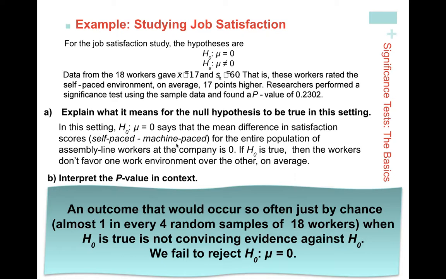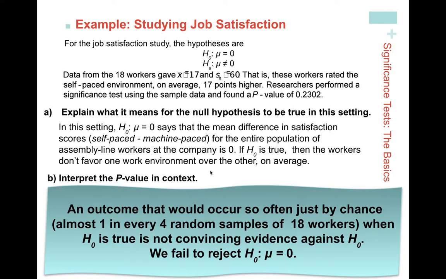So if self-paced minus machine-paced is 0, that means there's no real preference, right? And think about on the quiz, the Starbucks minus Pete's, right? They rated Starbucks, they rated Pete's. If that difference was equal to 0 on average, that means that teachers really don't care. Like they don't have a preference of Starbucks or Pete's, right? So that's what mu equals 0 means in this context.